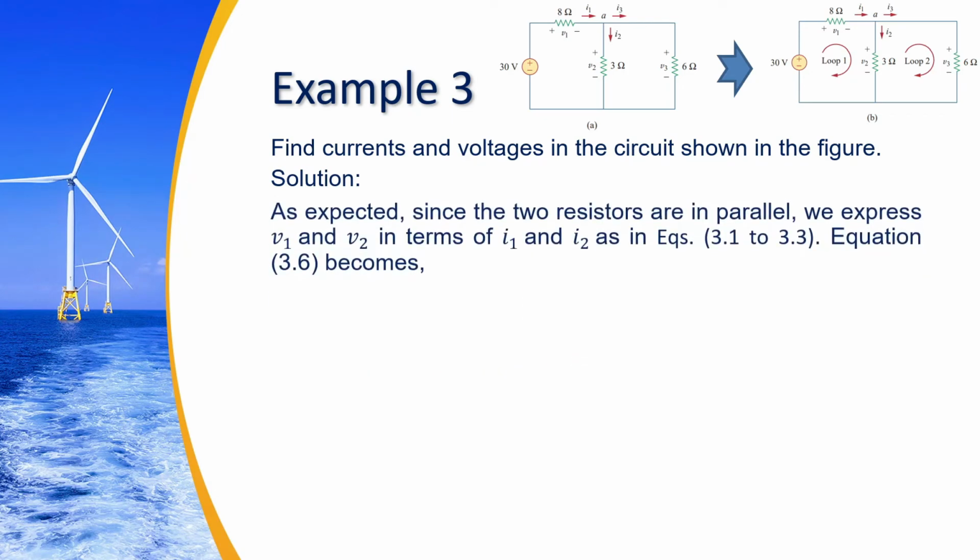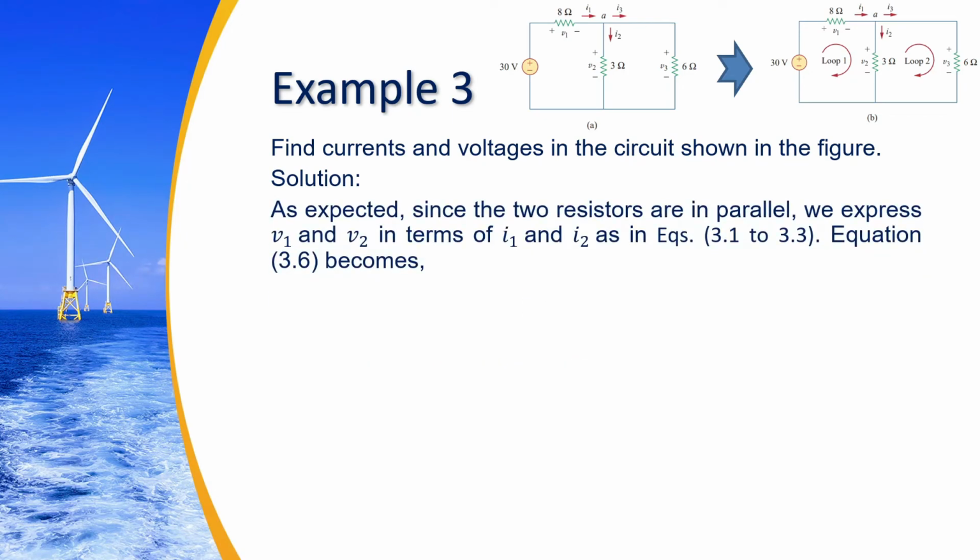Next. So, as expected, since the two resistors are in parallel, we express V1 and V2 in terms of I1 and I2 as in equations 3.1 to 3.3. So therefore, equation 3.6 becomes ganito: 6I3 is equal to 3I2. Okay?